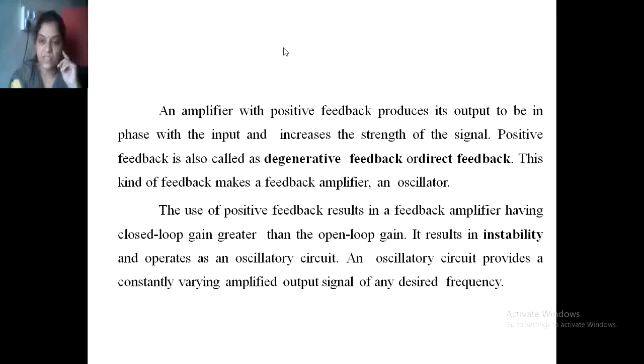It results in instability and operates as an oscillatory circuit. An oscillatory circuit provides a constantly varying amplified output signal of any desired frequency.